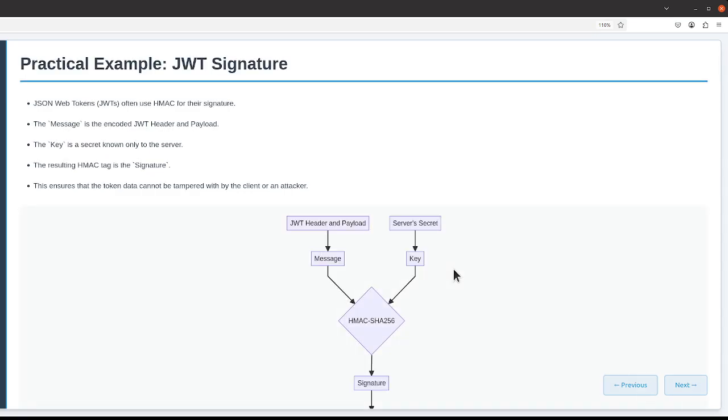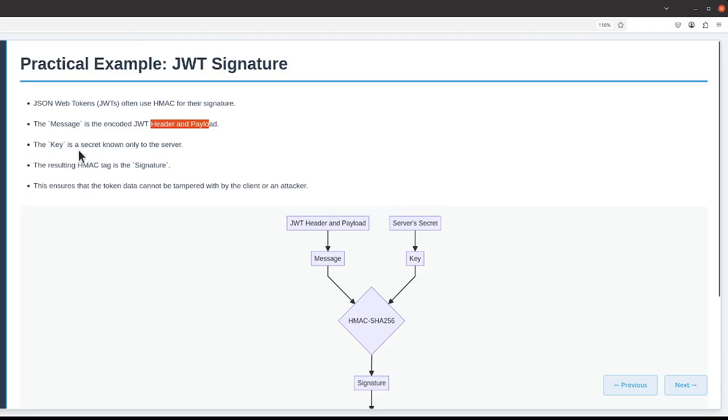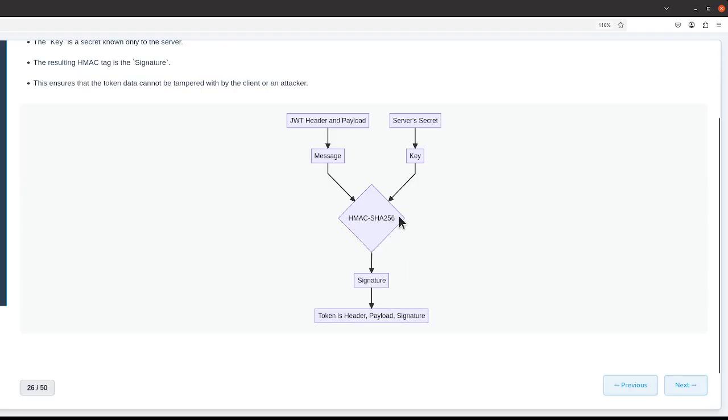Practical example: JWT signature. Let's look at a very common real-world application: JSON Web Tokens, or JWTs. A JWT consists of a header, a payload, and a signature. To ensure the token hasn't been tampered with, the signature is often an HMAC. The server takes the base64 encoded header and payload, joins them with a period, and uses this string as the message for the HMAC function.